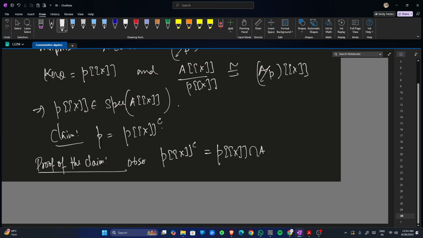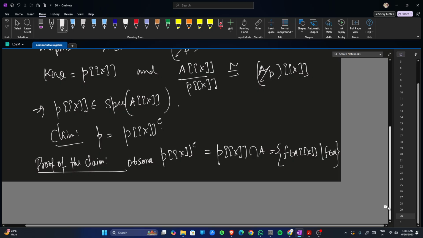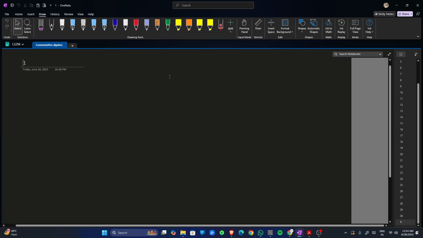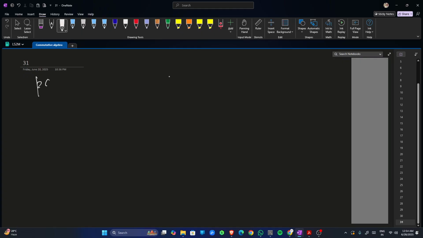Observe, P[[X]] contraction is all such f belonging to A[[X]] such that f is in A. So this contains P, at least P is in this.